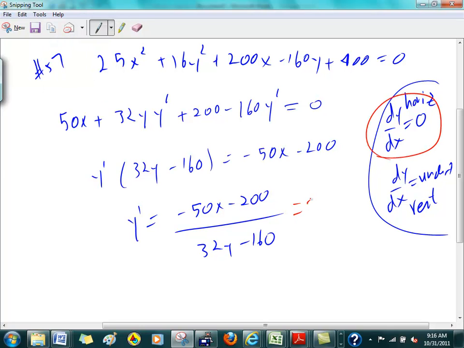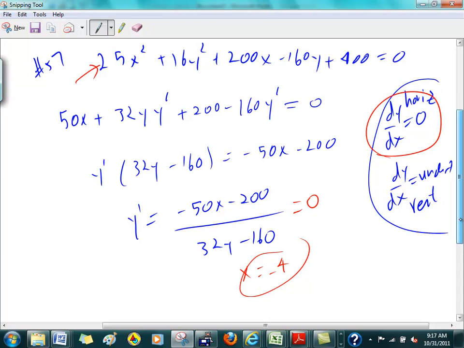If you set this equal to 0, then you know that x is going to be equal to negative 4. You take this number and shove it into the original equation and solve for y. You with me on that?